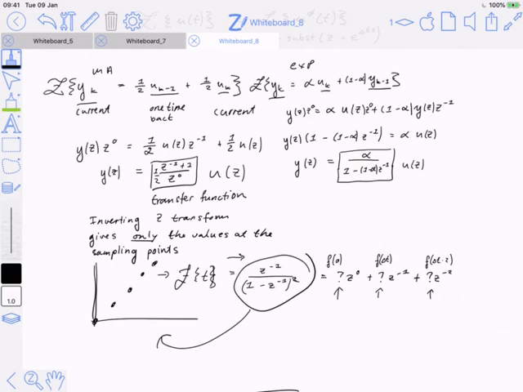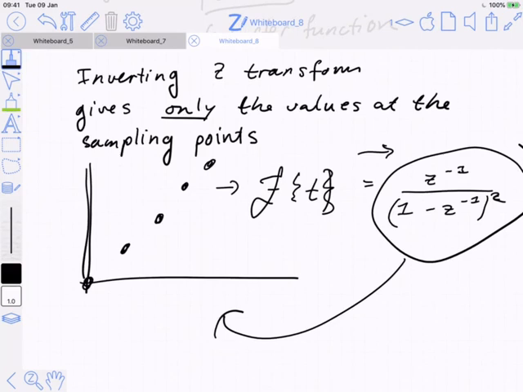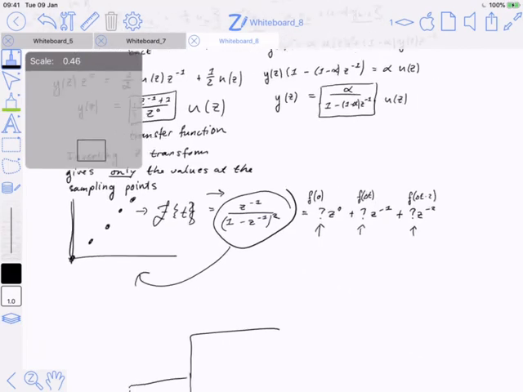If I do the same exercise with sampled versions of a signal, you can get back different functions of time, but you can't get different values at the sampling interval. So remember this: inverting the Z transform gives only the values at the sampling interval. That's the best you can do. You can never recover the fact that there was a ramp function involved in that original Z transform. Okay.